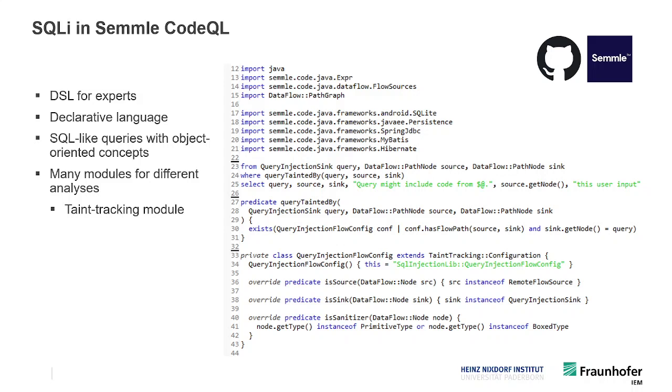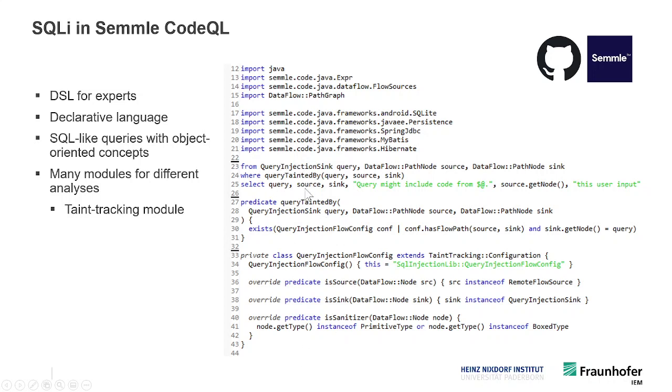The language is itself a declarative language, and it also includes object-oriented concepts because one can specify classes. It is also kind of SQL-like because the main query is in lines 23 to 25. We have from, where, and select clauses.